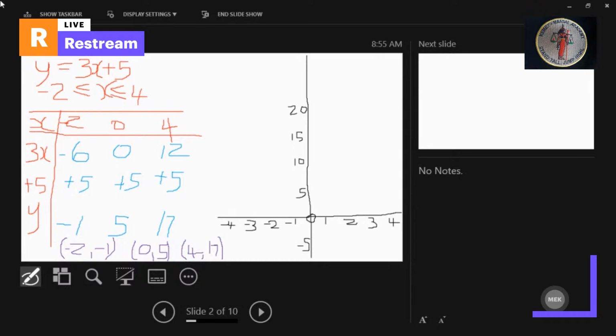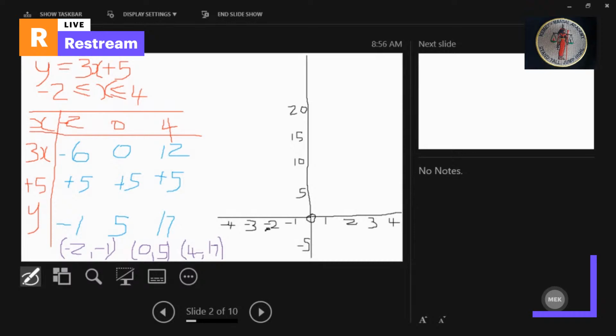So to draw my points now, it's -2 on the x to -1 on the y. So I move across -2 on the x and go down. So -1 would be, this is -5, so -1 would be around there. So -2 on the x down to -1 would be about there. 0 on the x to 5 on the y.